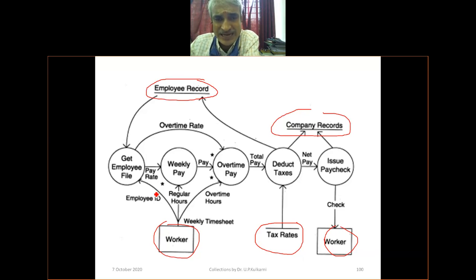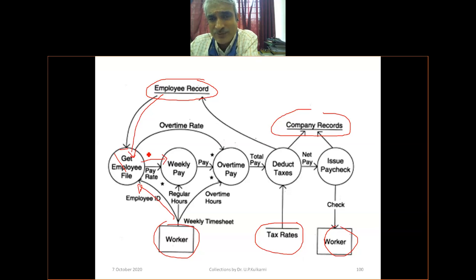Now look at that. Get employee file. From where do you get it? From the worker. You get an employee ID, right? Then for a given employee ID, you get details from the employee record, right? In that, you take a pay rate, extract a pay rate and give it for weekly pay.